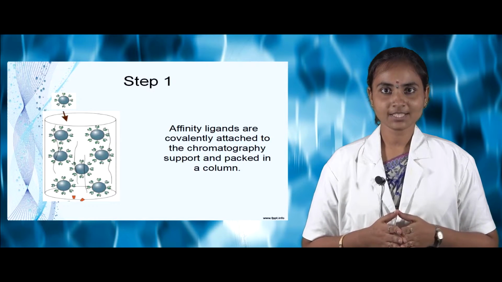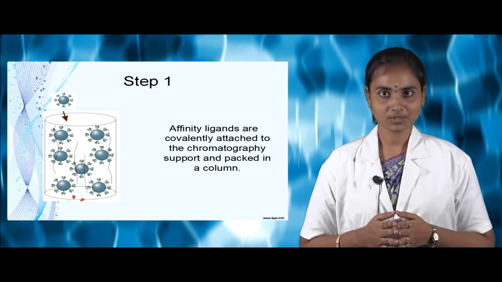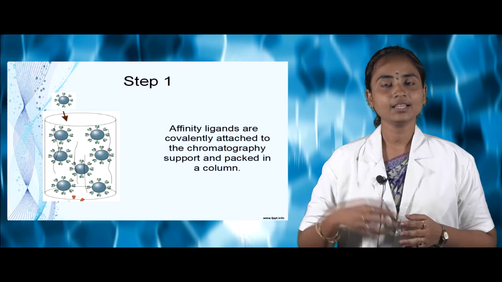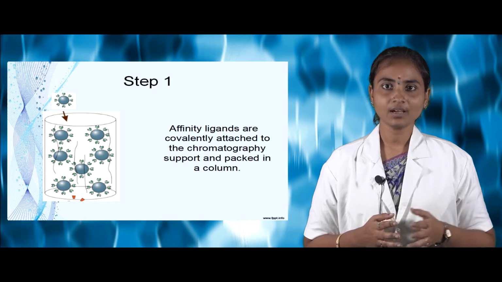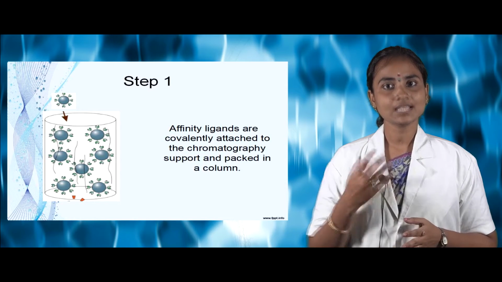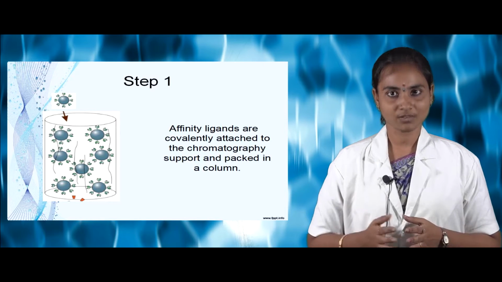Coming to the working mechanism of affinity chromatography, we have the following procedural steps. First, we make the interaction between the ligand and the matrix so that they form a covalent bond, which helps to isolate the desired protein in a specific manner.